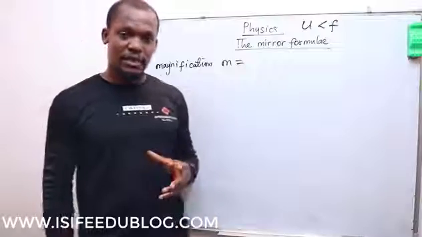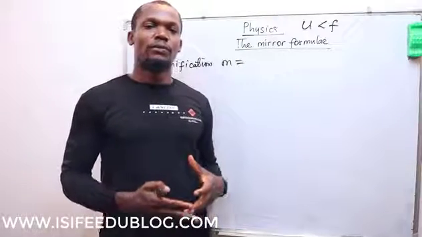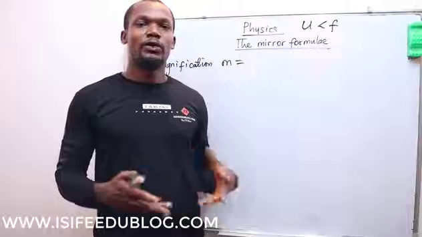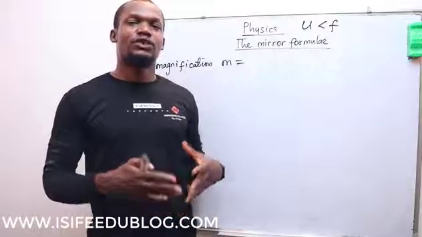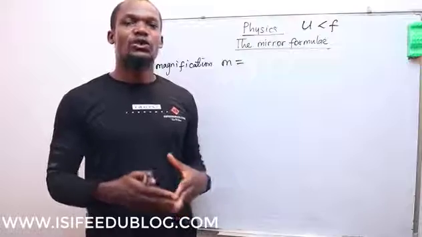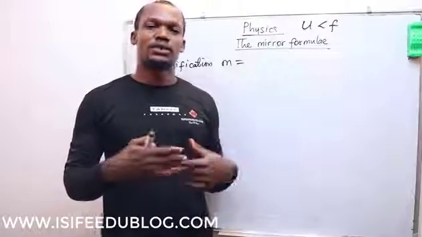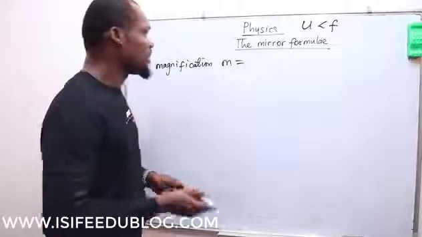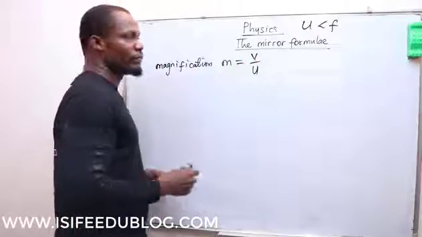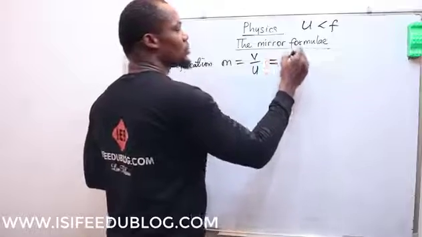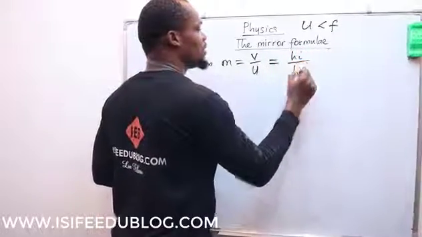Magnification, again, as we know from the pinhole camera, is the ratio of the image distance to the object distance. It is also the ratio of the image size to the object size. Hence, here, magnification is V over U, which is also equal to HI over HO.